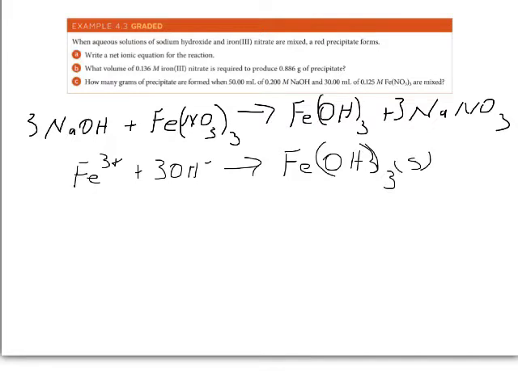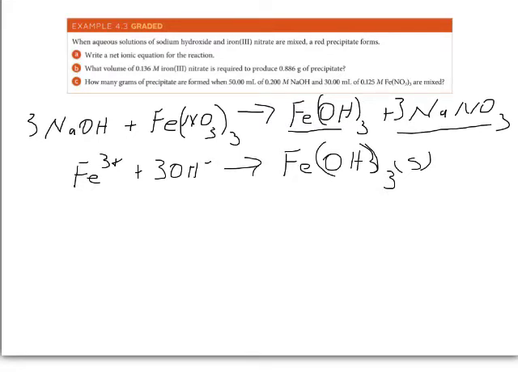So what I did there, I didn't really go into the details of it, but I know that all the alkali metals are soluble and all nitrates are soluble, so everything there is soluble, which means this has to be the precipitate. I also know that transition metal hydroxides are going to be insoluble.